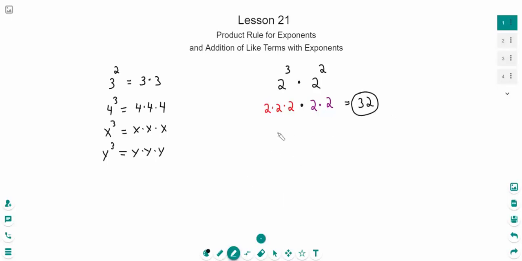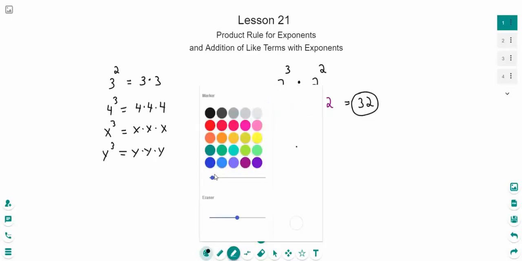But let's take a look at this a little bit closer and see what really happened here, all right? So we took a 2, and we raised it to the third power, then we multiplied it by another 2 raised to a second. That gave us 3 2's being multiplied by each other, and then multiplied by 2 2's, right?